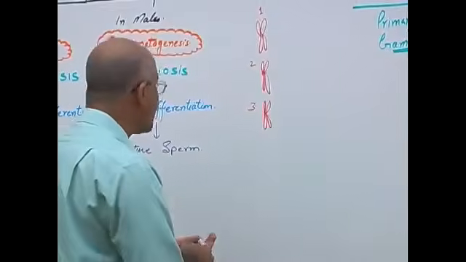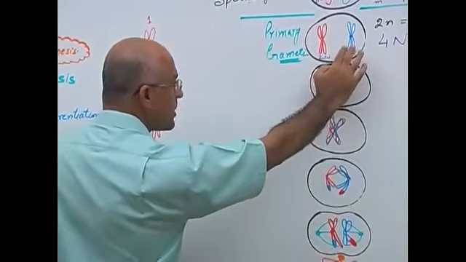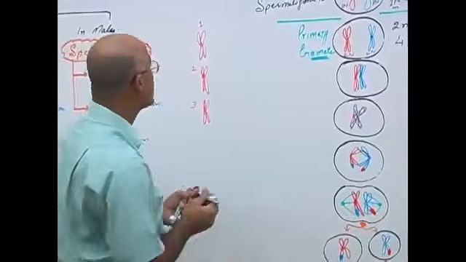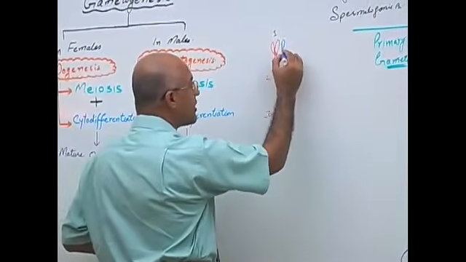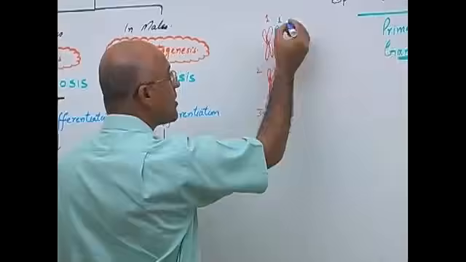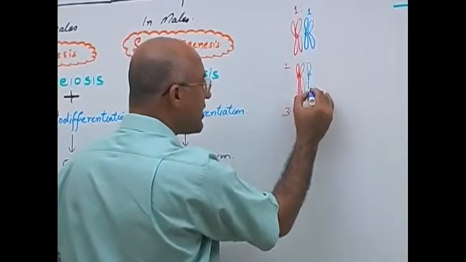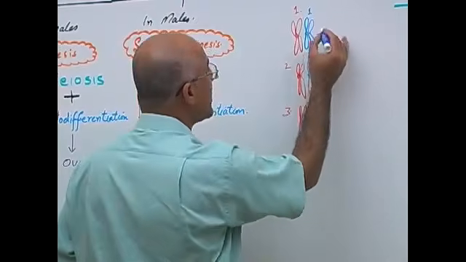So what really happens is that at this stage, these double structured homologous chromosomes look for their homologous partner. So chromosome number 1 from mother will pair itself with chromosome number 1 from father, and chromosome number 2 from mother will pair itself with chromosome number 2 from father, right?